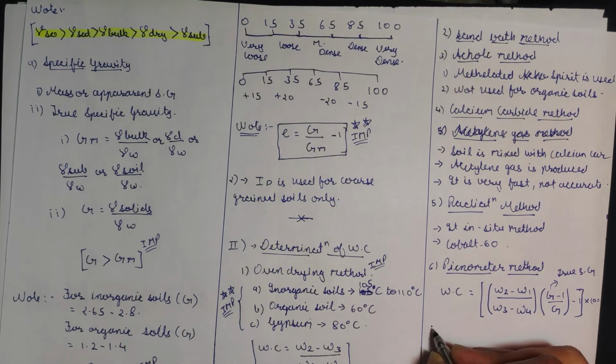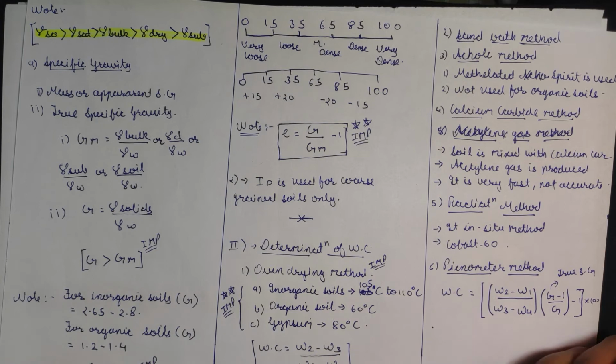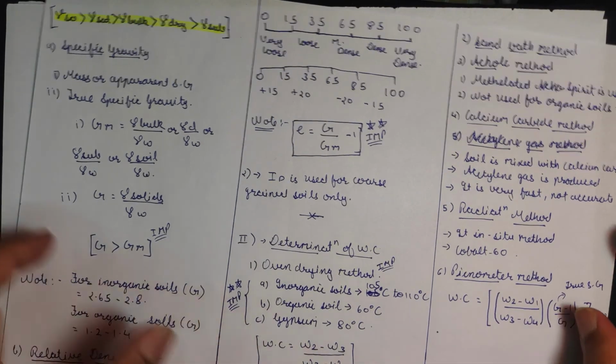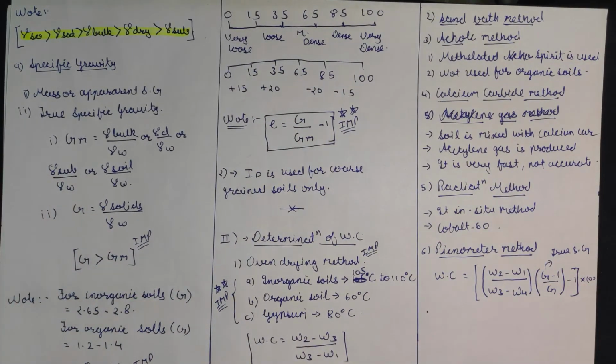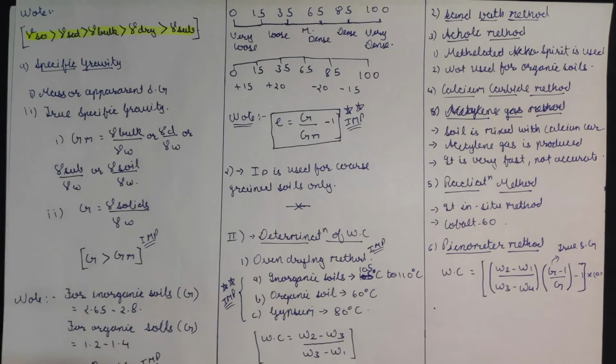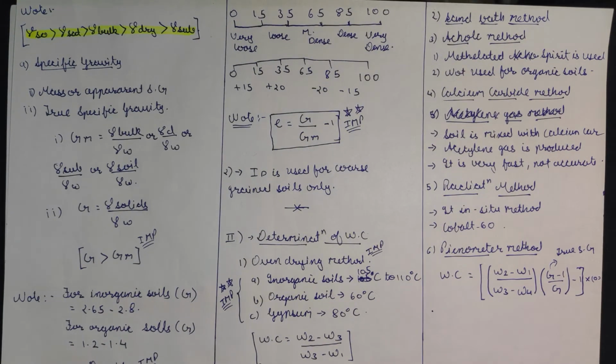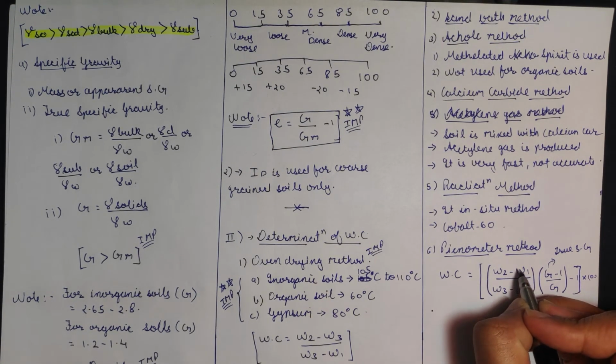We will write this down here, or we will see it after. The easy trick that I want to tell you to remember this formula is, we can see here, guys, W1.